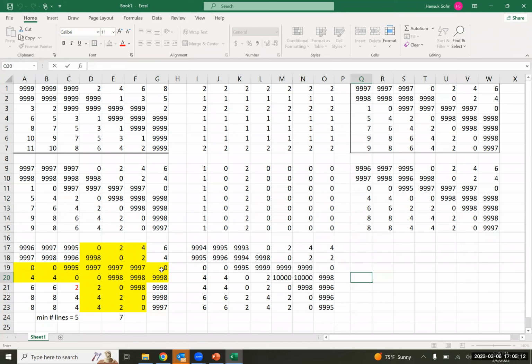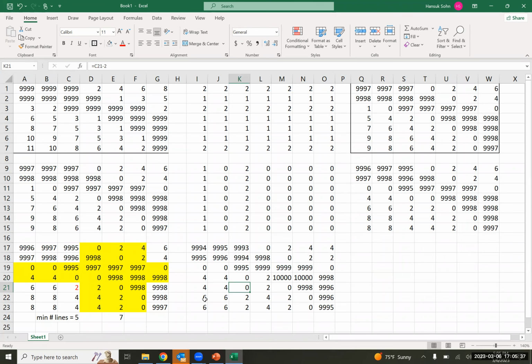Again, we need to identify the minimum number of lines required to cover all of the zeros in this reduced cost matrix. Okay. So obviously, we need to cover this value, right? In addition to these five different lines.